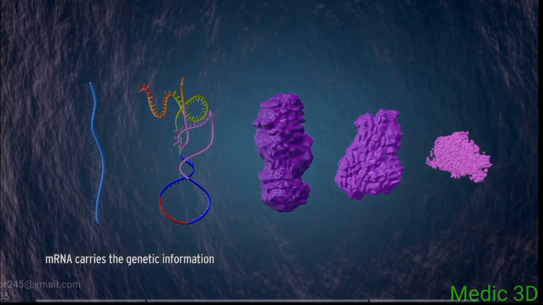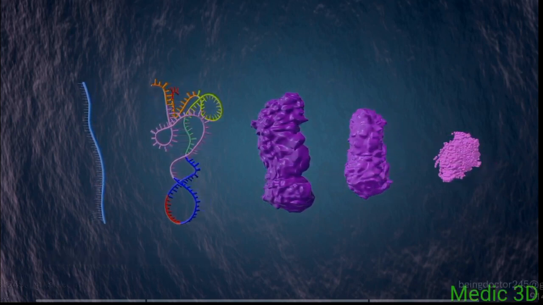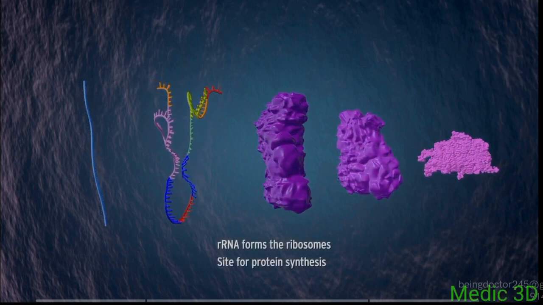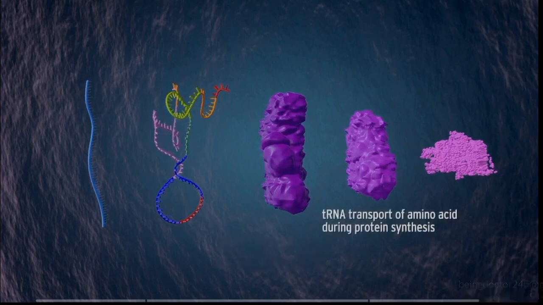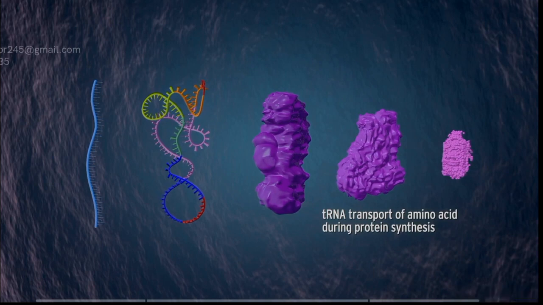The mRNA carries the genetic information to be coded into proteins. rRNA forms the ribosomes, which are the site for protein synthesis, and tRNA functions in transport of amino acids during protein synthesis.